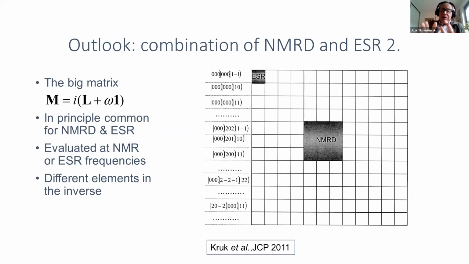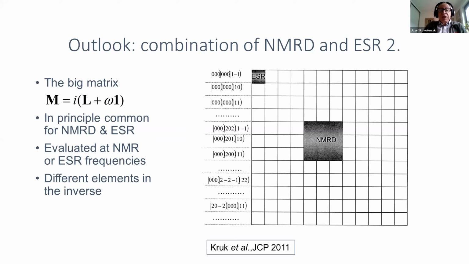And this is something that I think is likely to be much more useful in the future. I mentioned to you, when I talked about slow motion theory, that there is a big matrix in the Liouville space, which we formulate, which can have a linear dimension of hundreds of thousands.